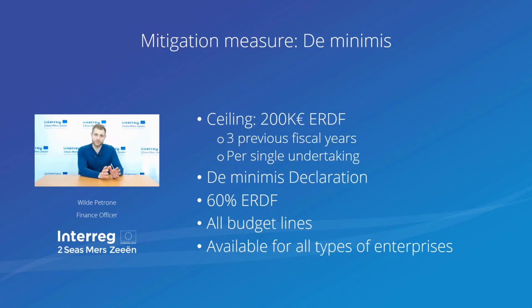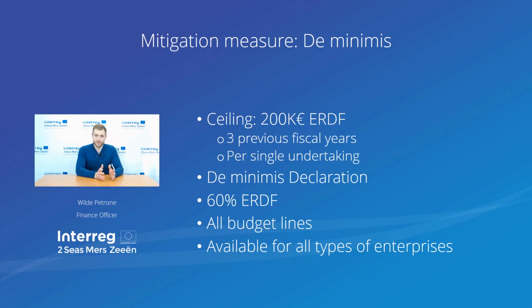So going through all the available mitigation measures, first we have the de minimis. The de minimis is a ceiling, a threshold, if you like, of 200,000. So if you need, and if you don't need more, I would say, than 200,000 euro of ERDF in your budget, you might be interested by the de minimis.